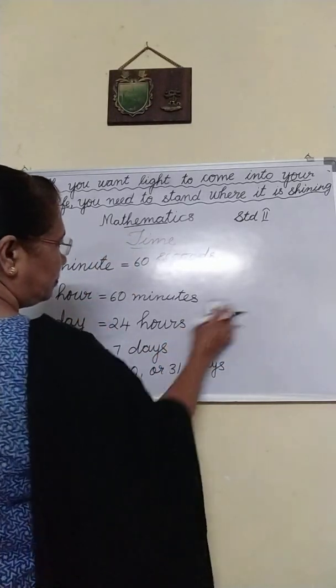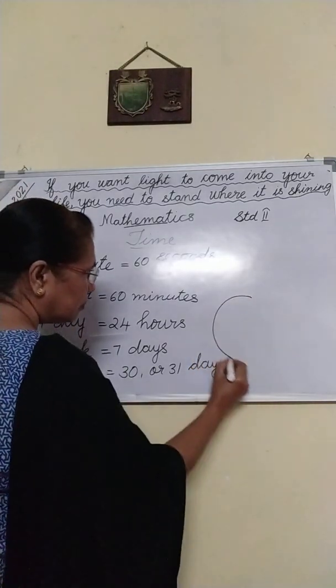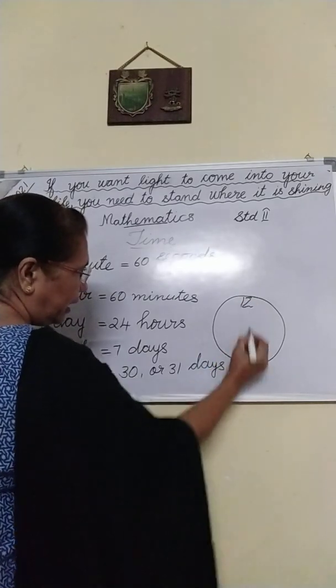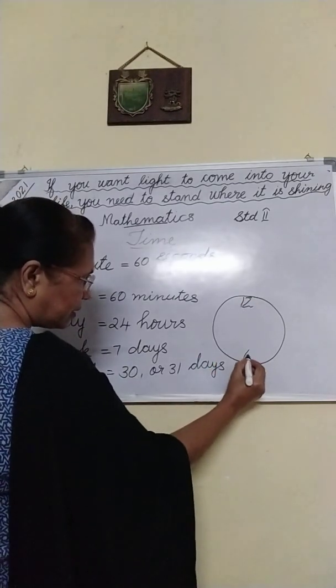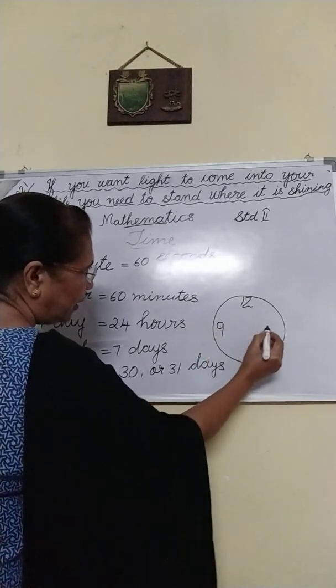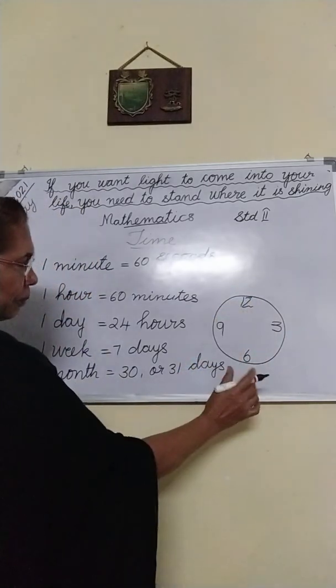Now, if this is the clock, first mark here 12 and then right down you mark 6, then here you mark 9 and then here 3. So you will get it exactly the correct portion.